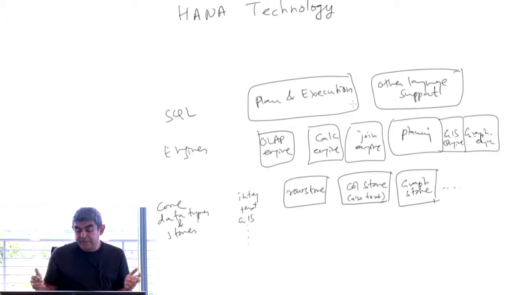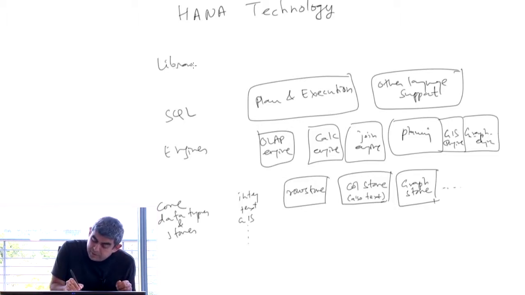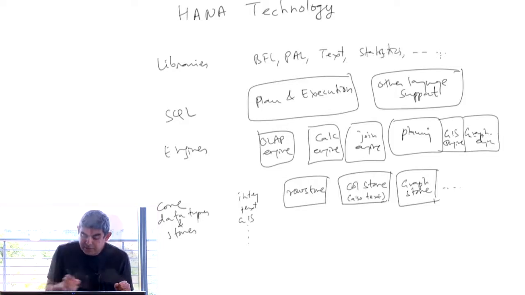These are kinds of amazing things that we have the ability to do in HANA. And then we have all kinds of libraries up here. These libraries, as I already mentioned, are things like BFL, PAL, text, statistics, R, and others.